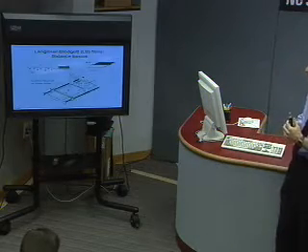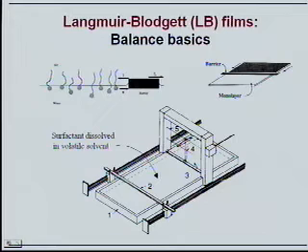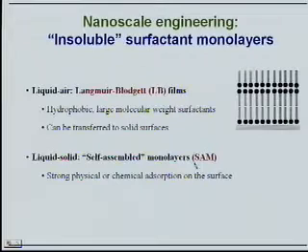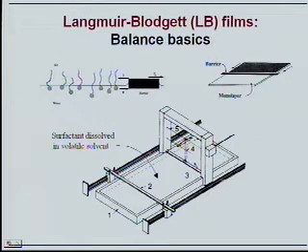And the first thing that they actually designed was a way in order to study these surfactants. You want to be able to measure something, right? And you want to be able to compress them eventually. So you have a two-dimensional system, so you have to design a two-dimensional way to move the surfactants two-dimensionally.